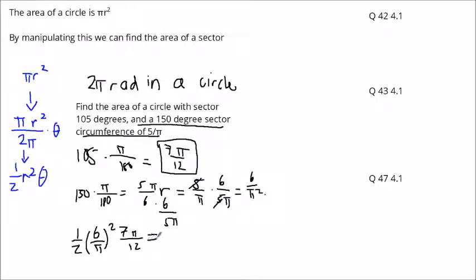And if you put this all in a calculator, you'll get 1/2 times 36 over pi to the 4th power times 7 pi over 12. 2 goes into 36 18 times. I'm just going to calculate this and not waste time. It's 21 over pi to the 3rd power, and that's your answer right there.